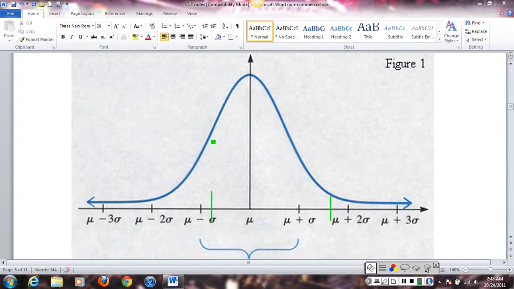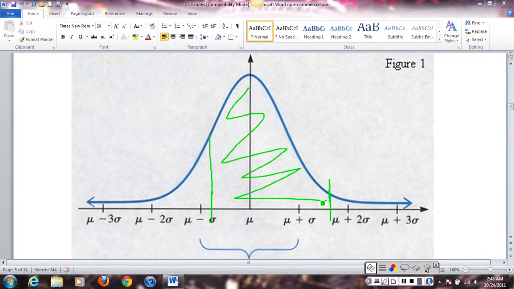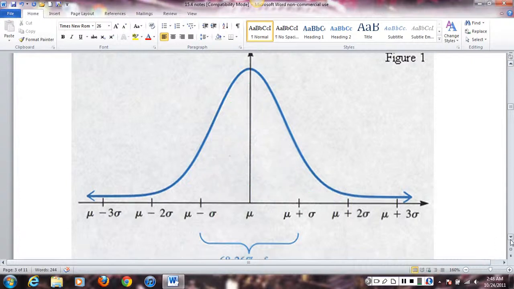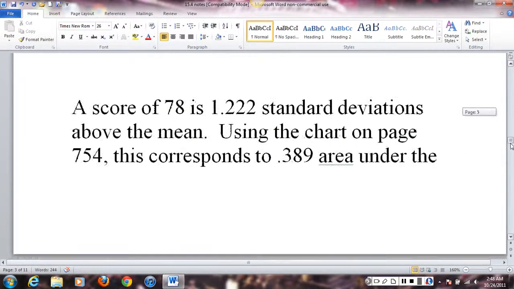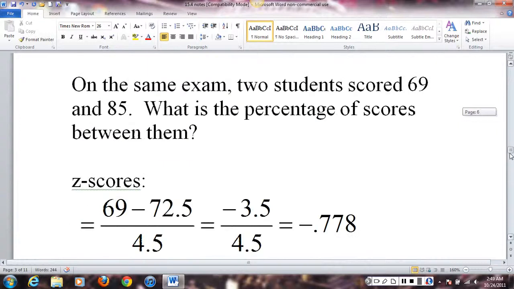So we want to know, what is the area between these two data values? That's what that question is asking. How much area is between these two?